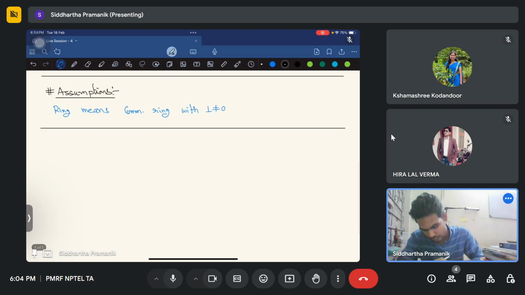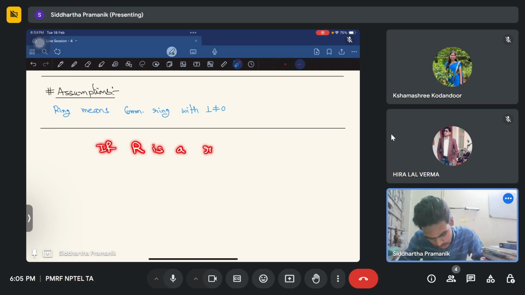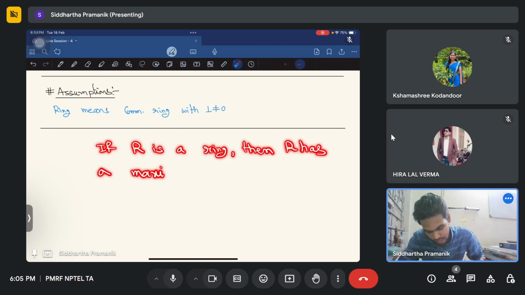Okay. So let's recall that we saw that if R is a ring, then R has a maximal ideal, right? Every ring has maximal ideals.